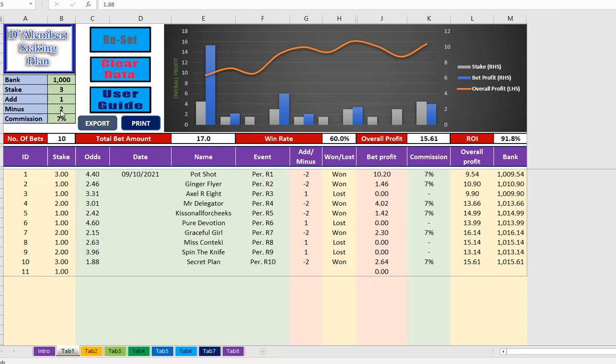So you can't halfway through decide to start minusing 1 because it's already set. The other thing too with commission, if you decide to have a couple of bets with the bookies, you can override the commission column here. So it's set for 7, but if you have 1 at a bookie, you can go and put nought in there and it will change all the totals accordingly.